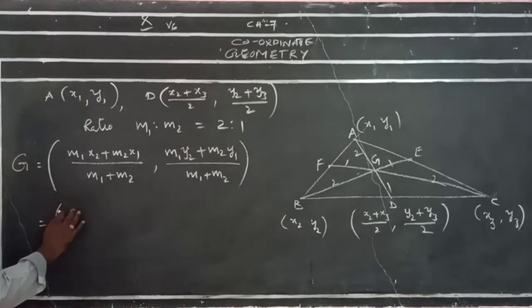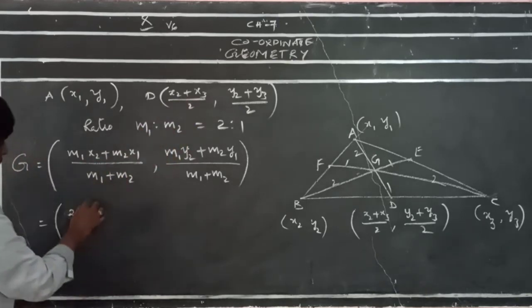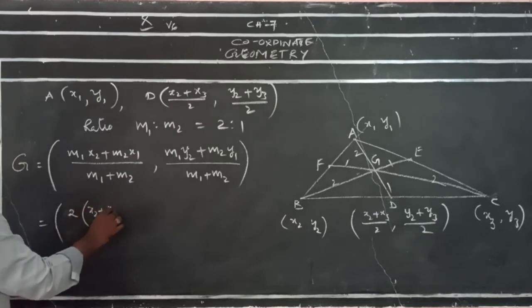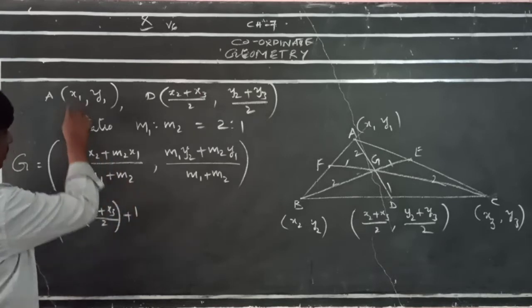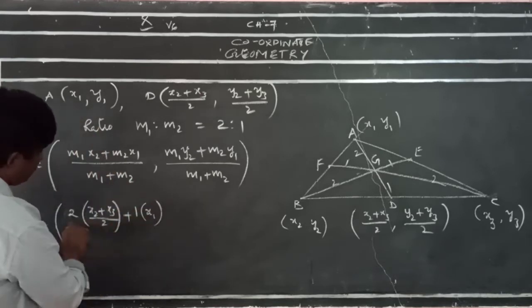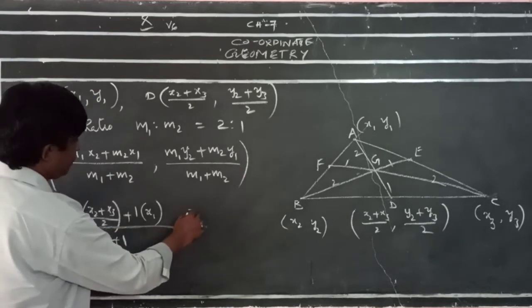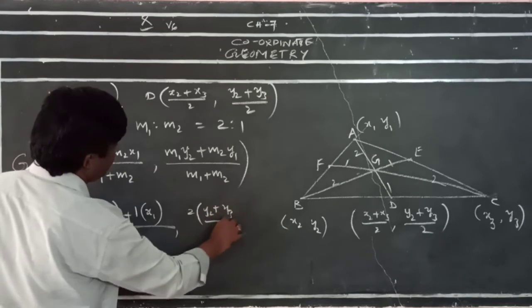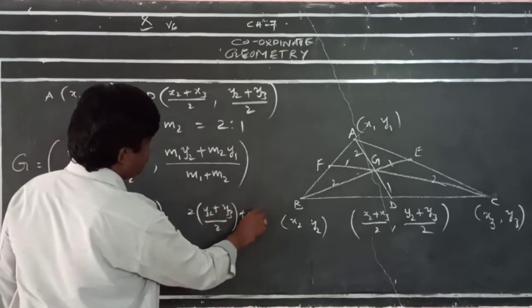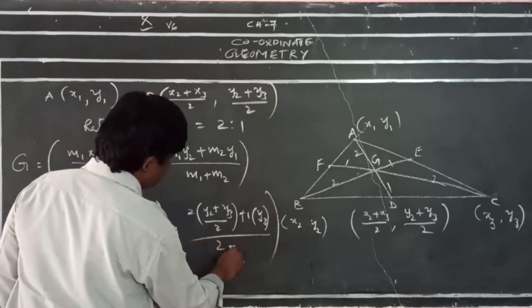So m1 is 2 times x2, and x2 means this one, that is x2 plus x3 by 2, plus 1 into x1, by m1 plus m2, which is 2 plus 1. Here also the same: 2 into y2 plus y3 by 2 plus 1 into y1, by 2 plus 1.